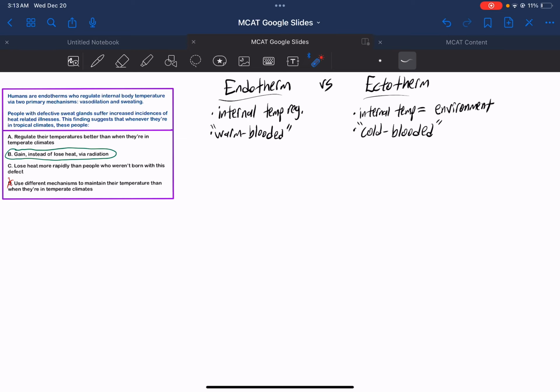Regardless of the environment we're in, we use the same mechanisms to regulate our temperature. Therefore, we can get rid of D.